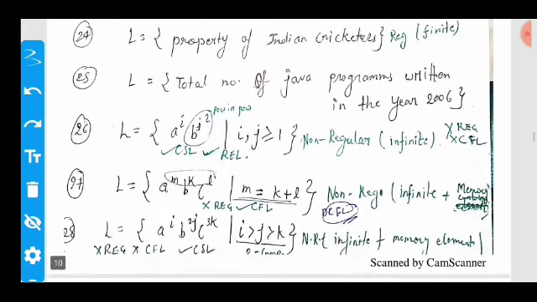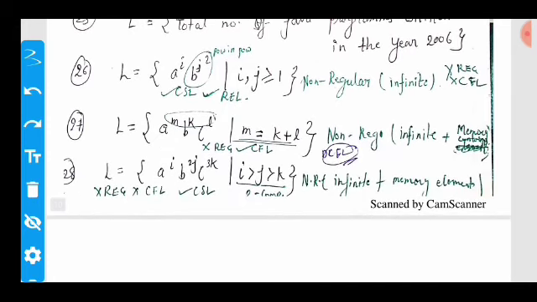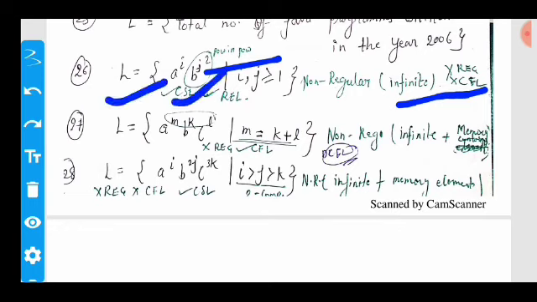Here L equal to a to the power of i, b to the power of j, where j is to the power of 2. So here the power of b is defined as power in power. So it is not regular and not CFL, but it is accepted by CSL and recursive enumerable language.